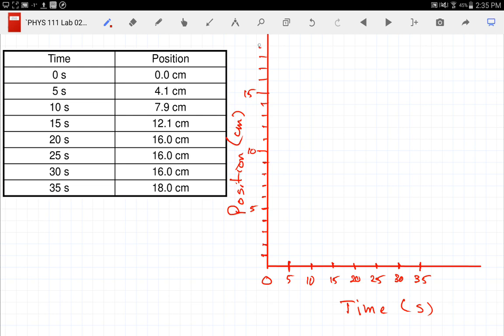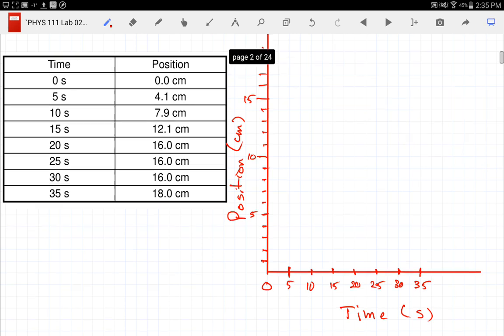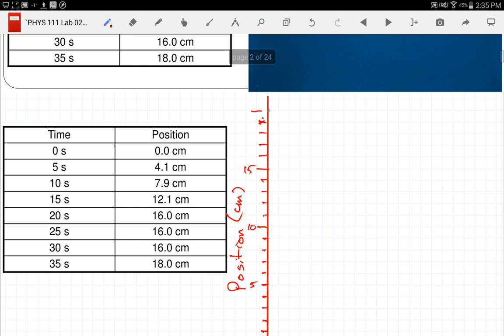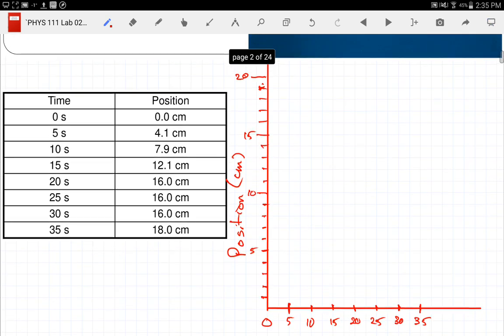Well, let's go up to... So there I have my two axes labeled. A title for the graph. When you make a title for your graph, the title should always explain what's important about the graph or why someone would be looking at this graph.